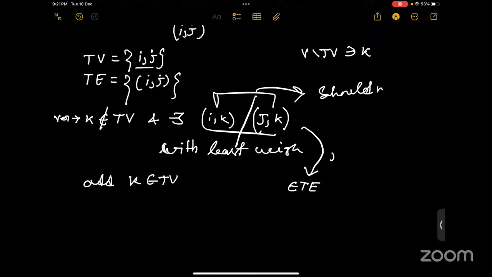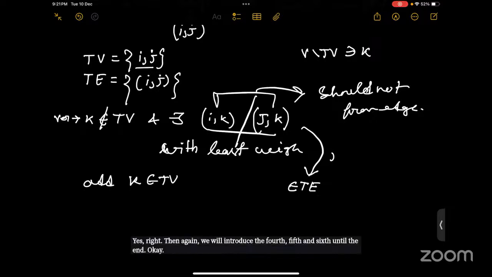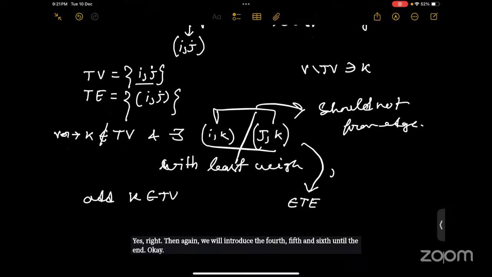So we are taking two vertices, introducing a third one which connects to either of them, and adding it to the tree. Then again we will introduce the fourth, fifth and sixth until the end. So this is the process.